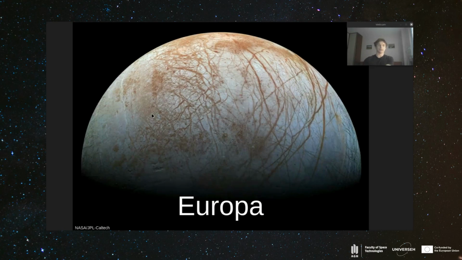You can see here in the picture from JPL Caltech that there are reddish orange fringes. We believe that most of them are hydrated sulfates, hydrated salts.